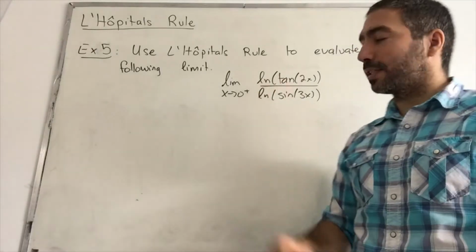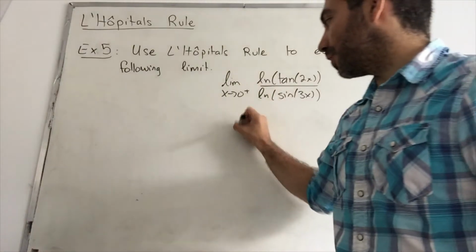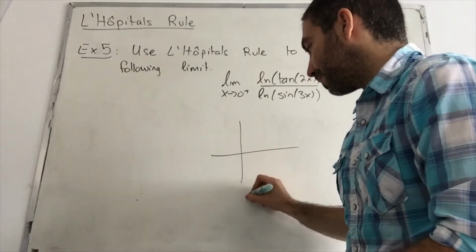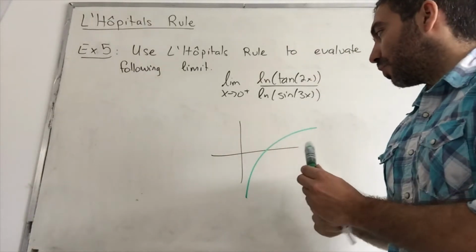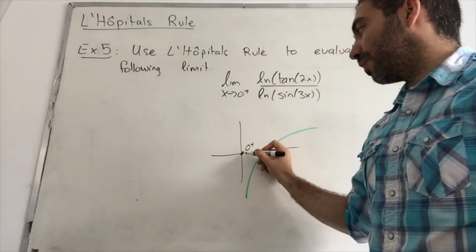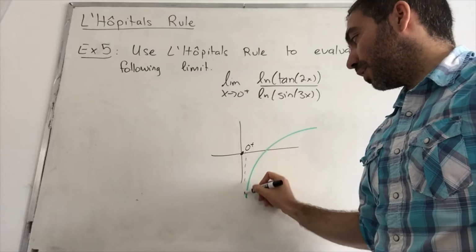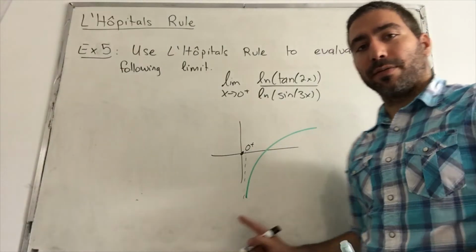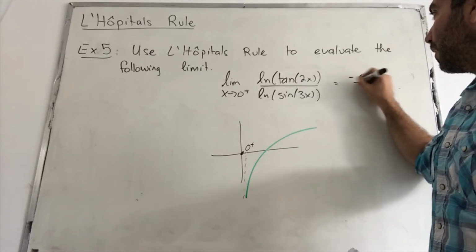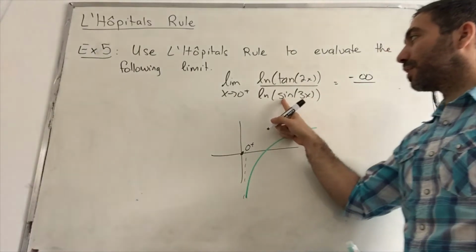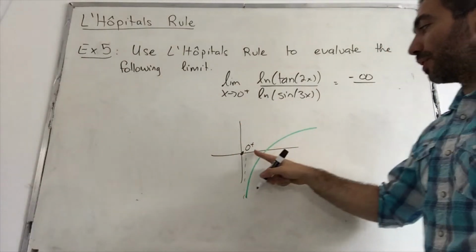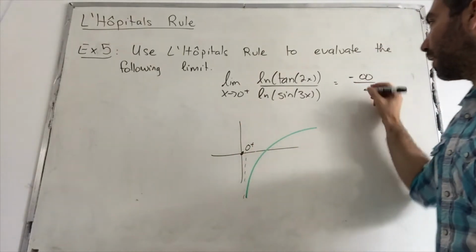So ln of something that's slightly bigger than 0, remember your functions, let me do it in green, your ln function looks like this. So a value that's slightly bigger than 0, like a bit to the right of 0, actually goes down all the way down to negative infinity. Okay, so this gives us the indeterminate form negative infinity over, same argument with here, sine of 0 is 0, but it's slightly to the right of 0, and ln of something that's very close to 0 but slightly to the right, is again negative infinity.